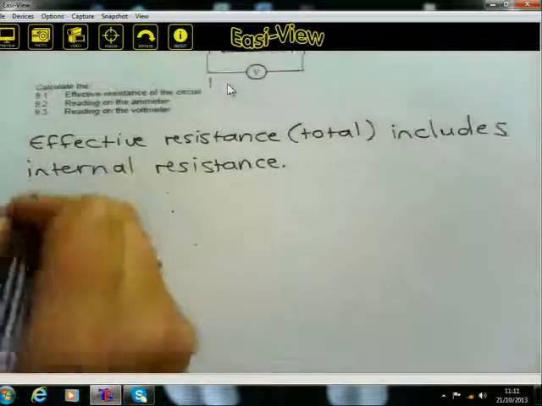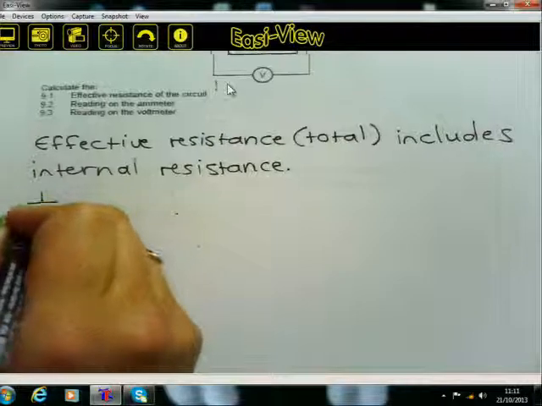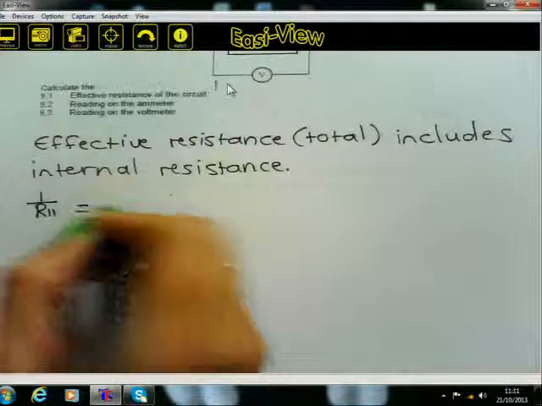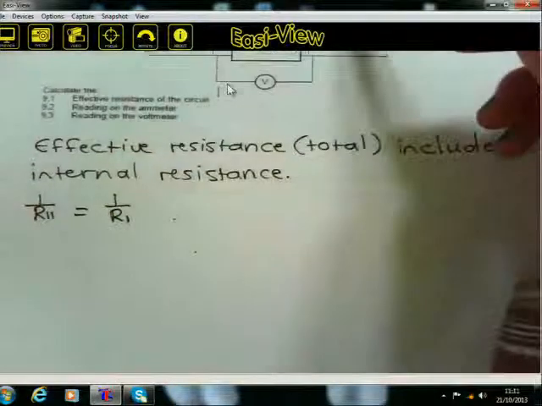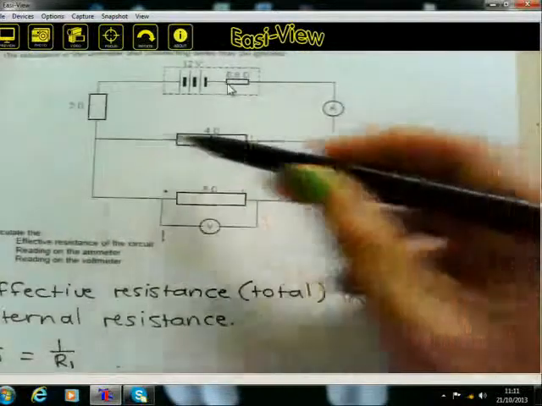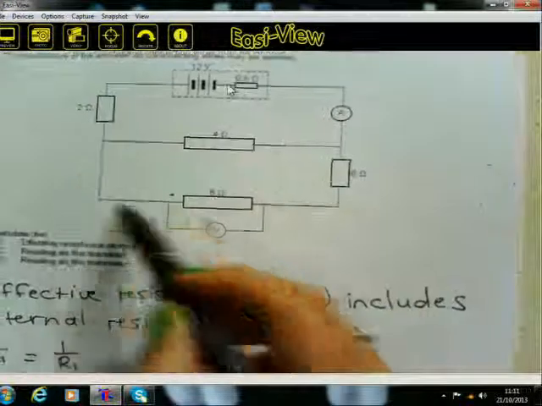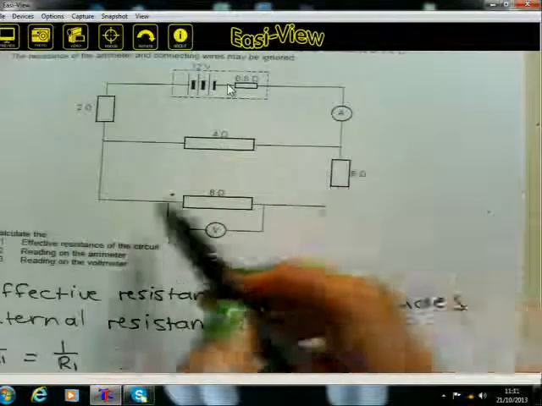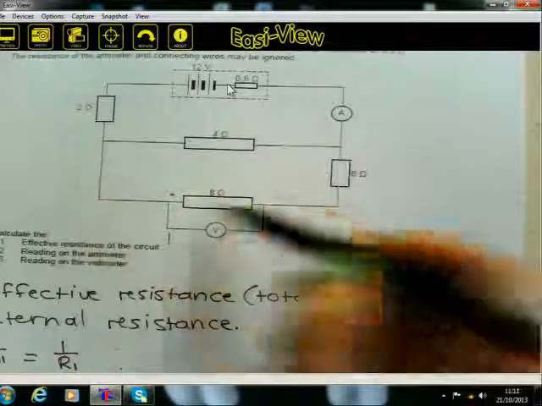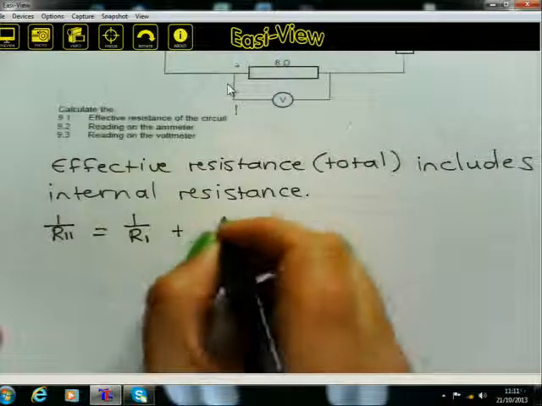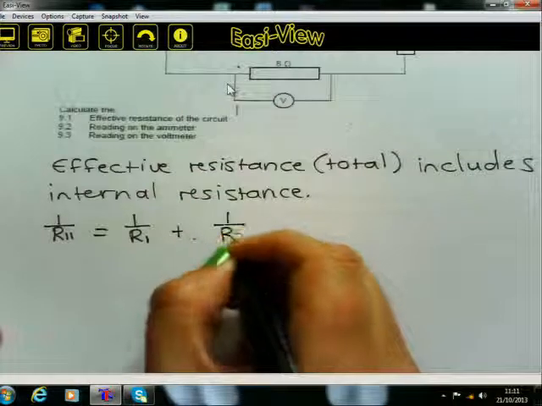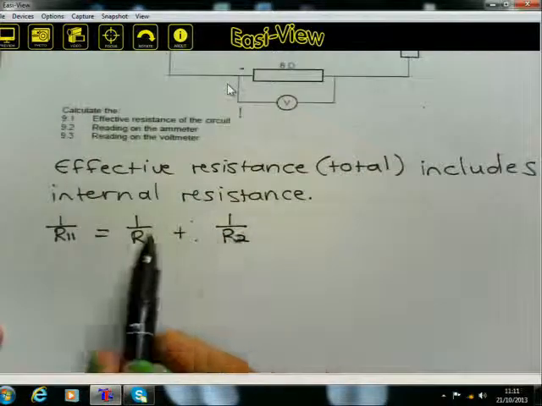We write our rule down. 1 over R parallel equals 1 over R. How many branches do we have? 1 branch, 2 branches. So we're going to write 1 over R1 plus 1 over R2, because we only have 2 branches in the parallel part.